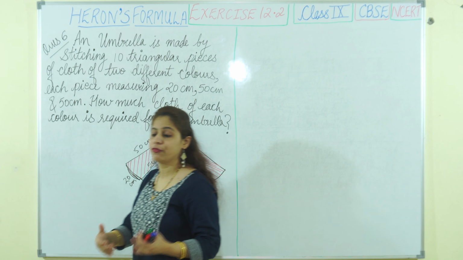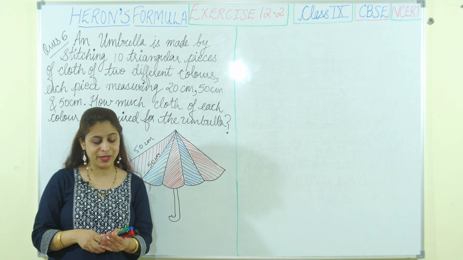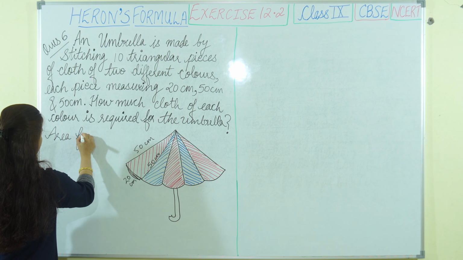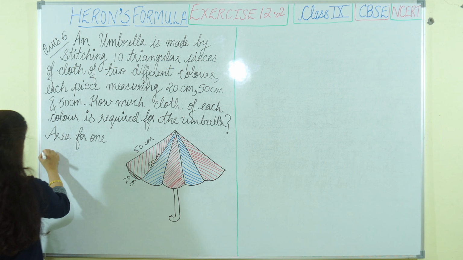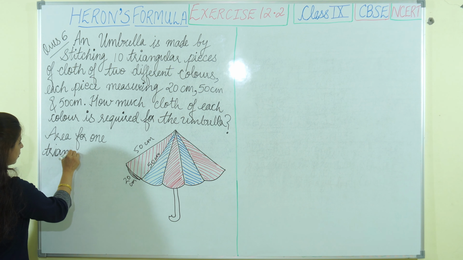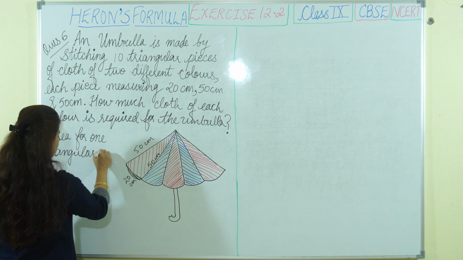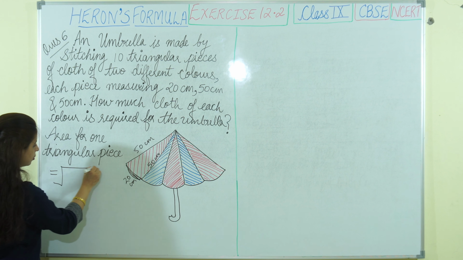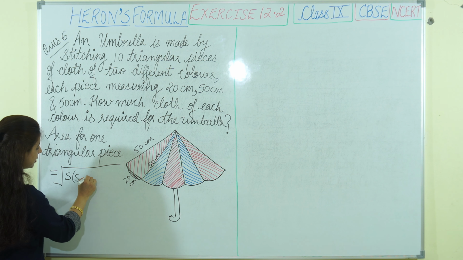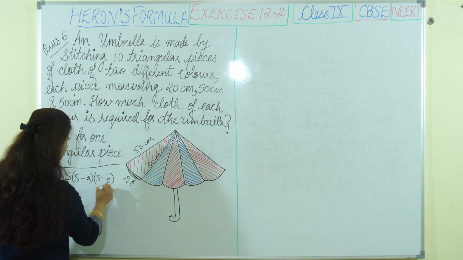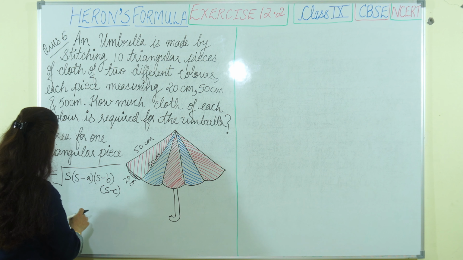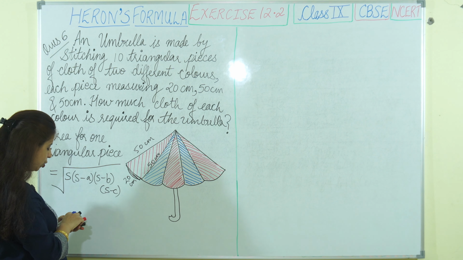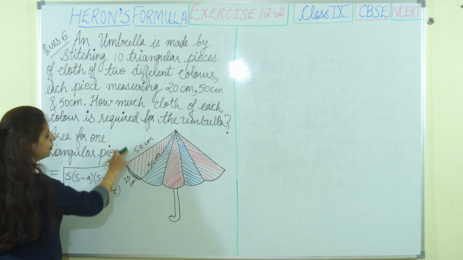Let us find out the area for one triangular piece. The area will be given by Heron's formula: under root S into S minus A, S minus B and S minus C. Your A, B, C are 20, 50 and 50.